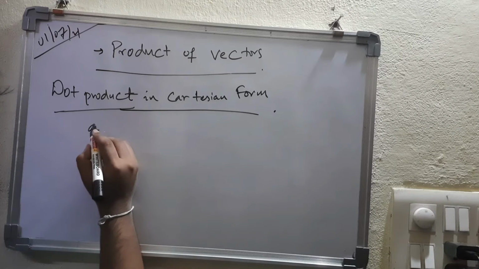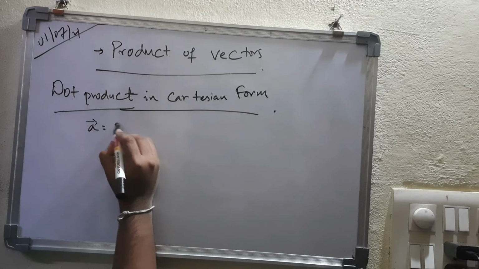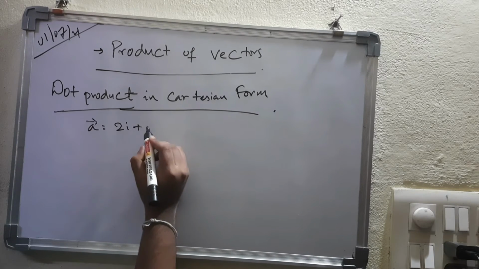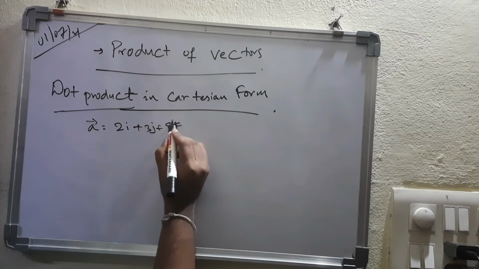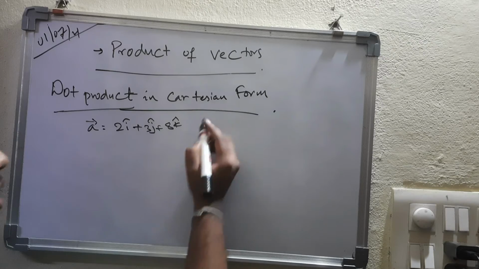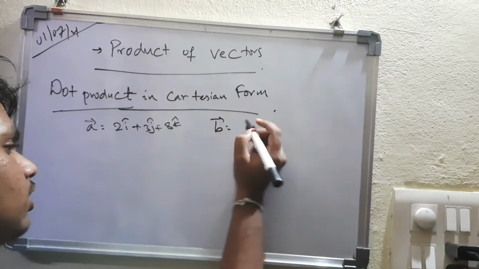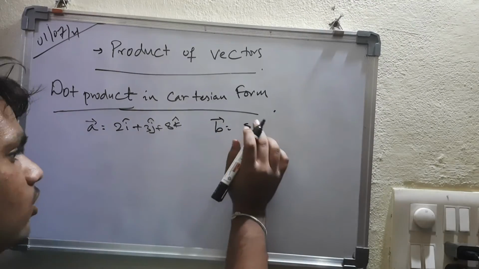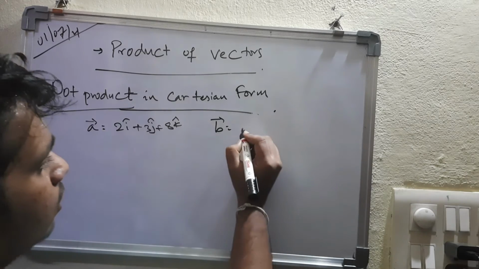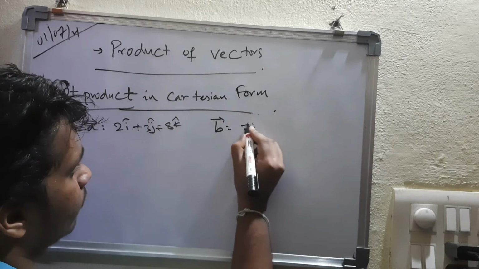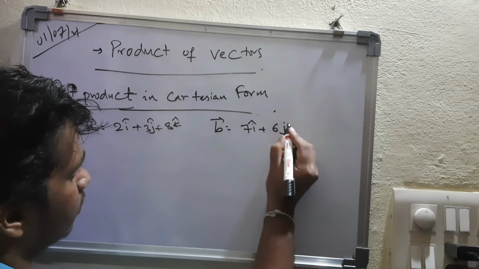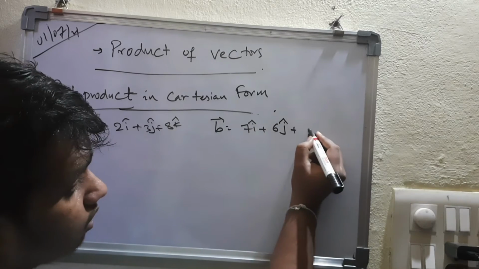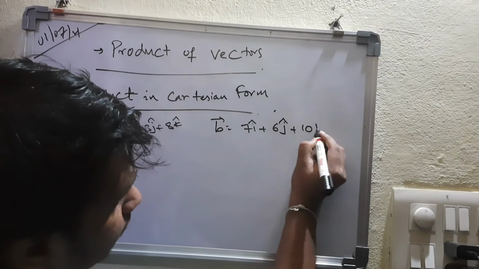Let vector A be 2i plus 3j plus 8k cap, and the other vector B is 7i plus 6j plus 10k.